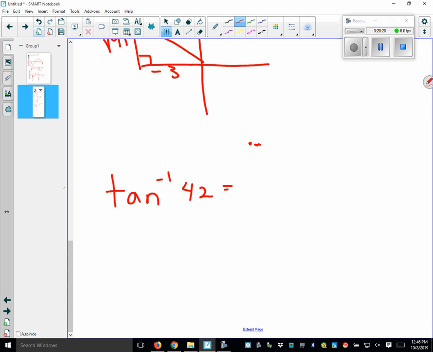In radians. Oh, it should be negative. I'm sorry, I forgot. It's negative 42. My fault. Negative 2.291. And radians? Oh, wait, no. Negative 1.4, or 5. Negative 1.5.